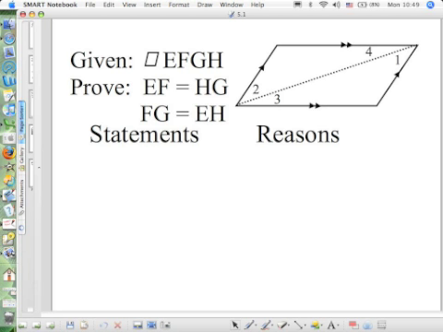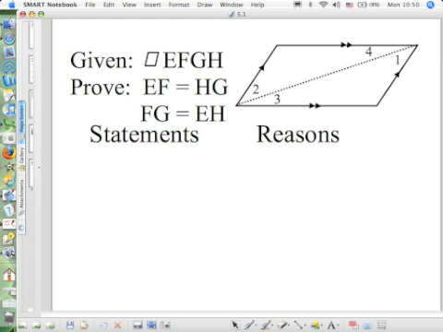All right, well, we're given first that we have a parallelogram. What do we know way back from chapter 2 or 3 that parallel lines cut by a transversal form? Okay, they form alternate interior angles that are congruent to each other. They form same side interior angles that are supplements to each other.